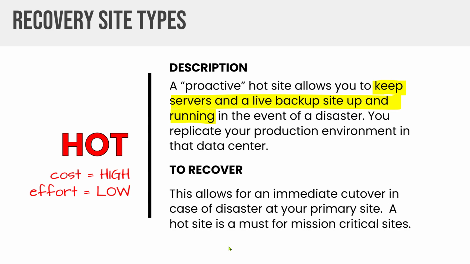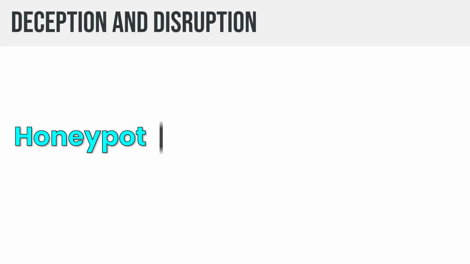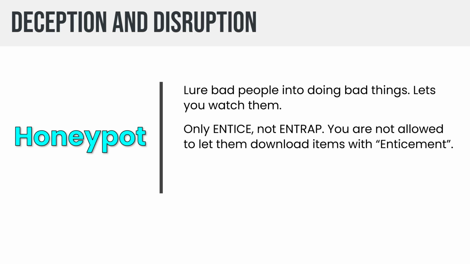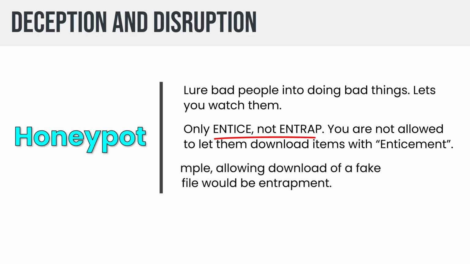To finish up section 2.1, we're going to talk about methods of deception and disruption, so how we can disrupt and deceive our attackers. So there's the honeypot that basically allows us to lure bad people into doing bad things and allows us to watch them. Now, we are only intending to entice our attackers, not to entrap. In other words, you're not allowed to let them download items with enticement.